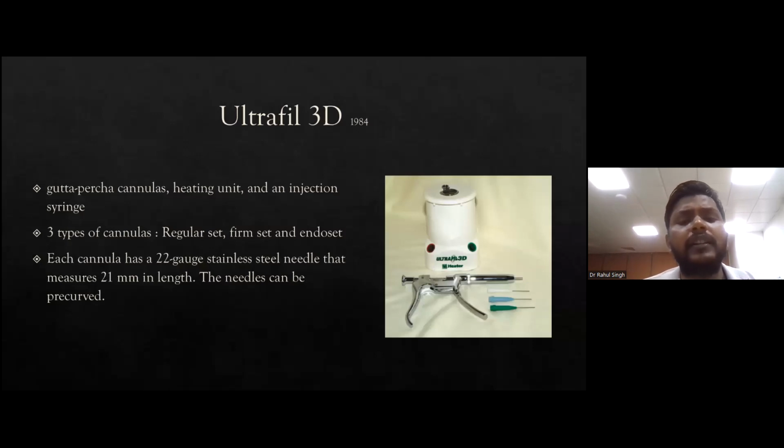Regular set and firm set are used for medium viscosities, and endo set for least or higher viscosities. Each cannula has a 22 gauge stainless steel needle that measures 21 mm in length. The needles are also really pliable and can be pre-curved. Also, this is a low heat system, up to 70 degrees Celsius only.